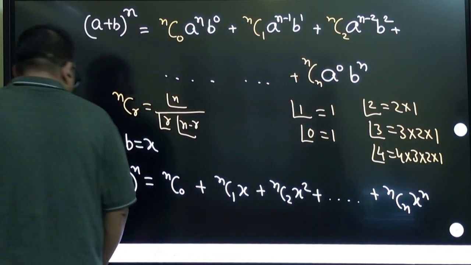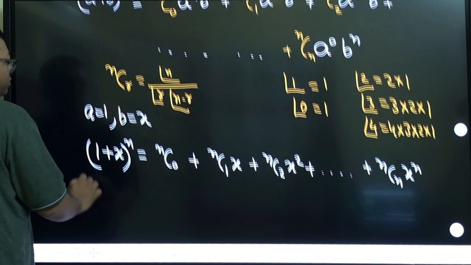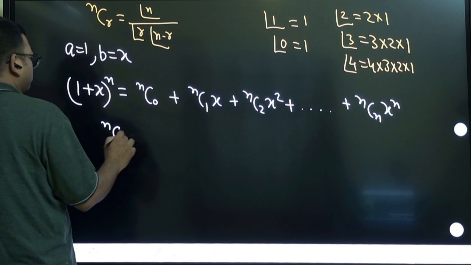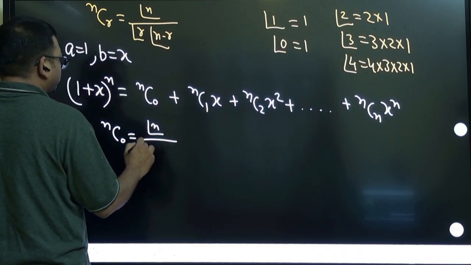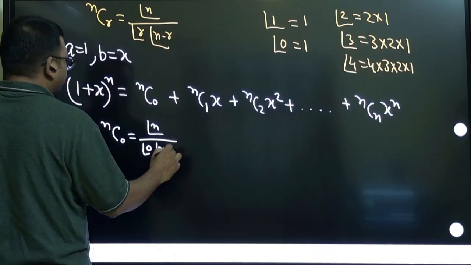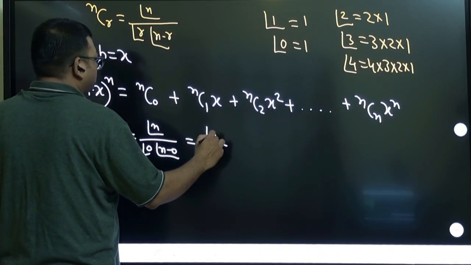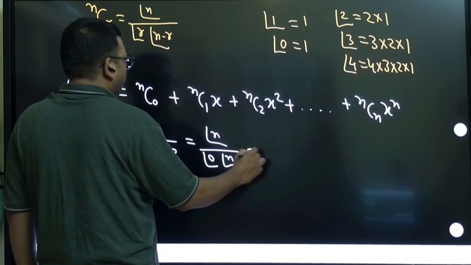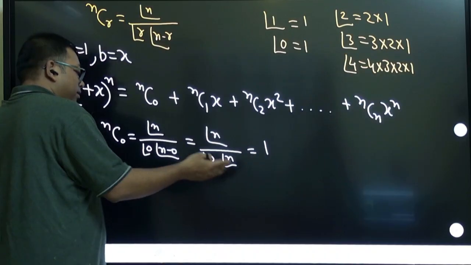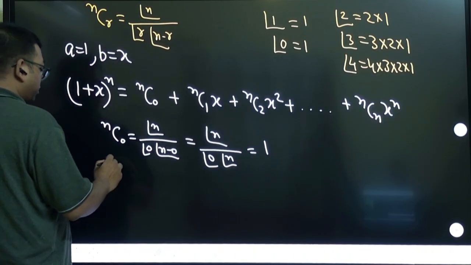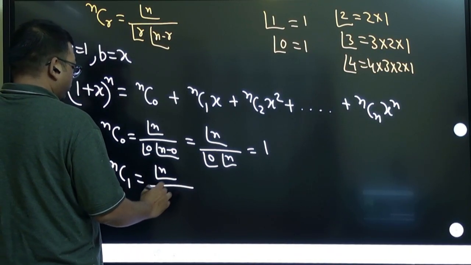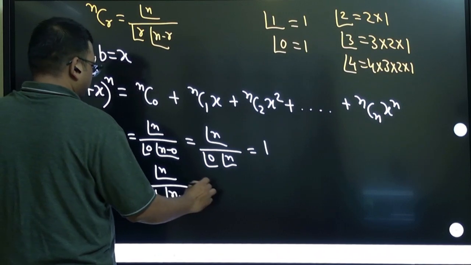Okay, now let us try to put in the values of nc0, nc1 here. So what is nc0? Factorial of n by factorial of 0 by factorial of n minus 0. So this is factorial n, this is factorial 0, this is factorial n. So definitely this gets cancelled, and factorial 0 is 1. Similarly, what is nc1? Factorial of n by factorial of 1 by factorial of n minus 1.